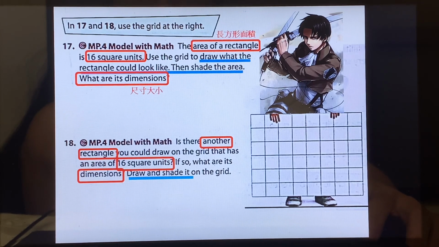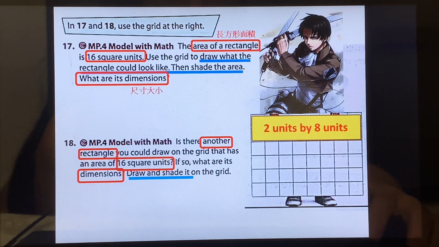Do you have an answer? The first rectangle that you can think of is 2 units by 8 units. Have you thought of a rectangle that looks like that?